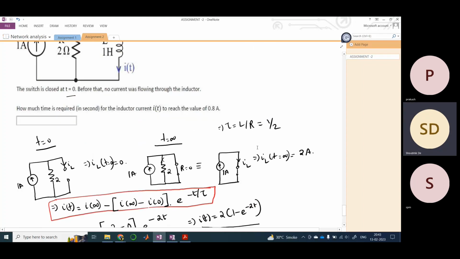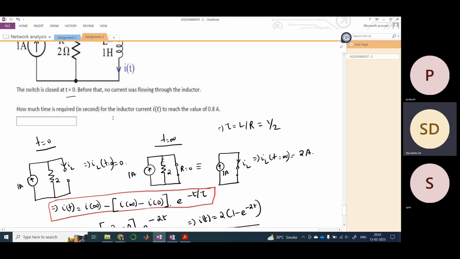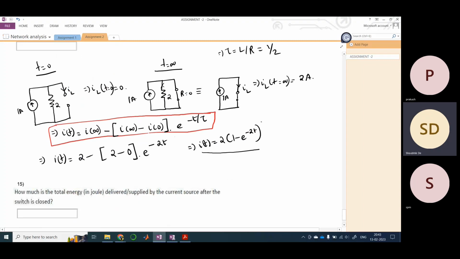Okay, now they have told us how much time it requires for the current to drop to 0.8 ampere. Once you derive this current equation, it is very simple. So how much time is required for the current to drop to 0.8 ampere? Okay, I have done something wrong here. So this would be 1, huh? Only 1, sorry, because the current source is 1.